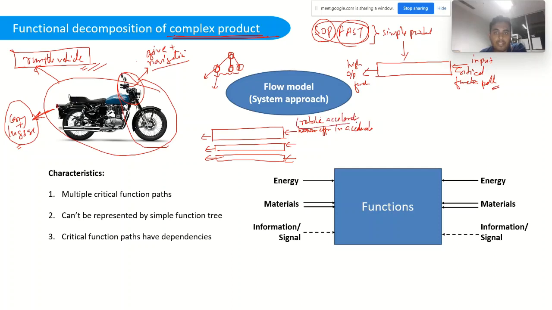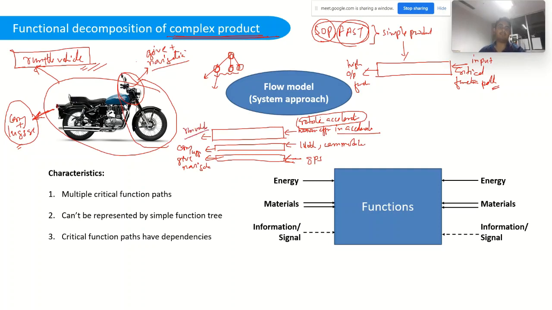This is the initial input. For luggage carrying, the inputs are luggage, basically clothes and other commodities. For navigation, the input is probably GPS. The output is give navigation. For luggage, it is carry luggage. And for the accelerator, it is run the vehicle.